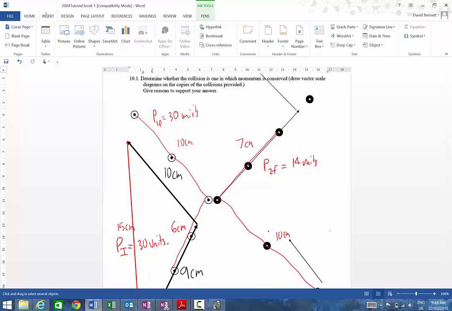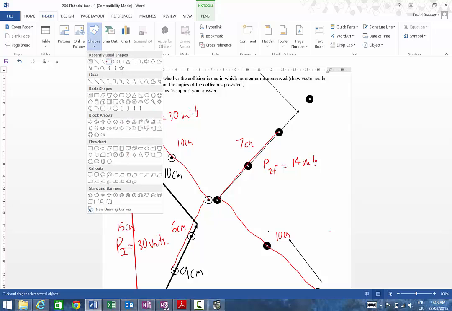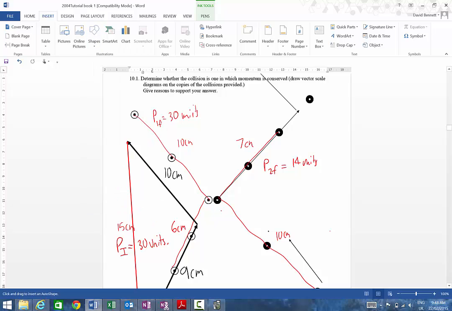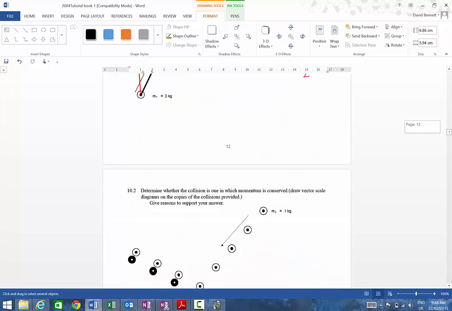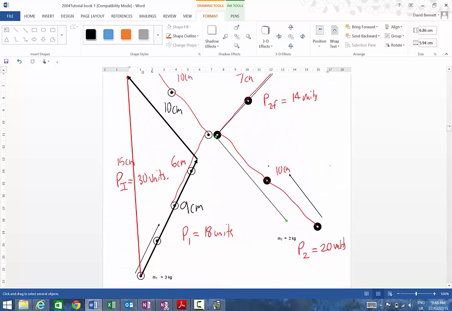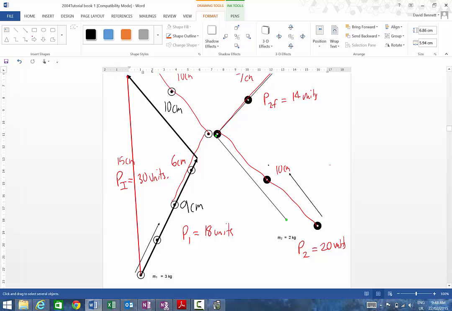So if I was going to do that, just so you can fit it on the page, I would have my vector going there for the first one, and then I have my second one going over there, and then I would have my final vector going from this point here, and I just need to make sure this fits on the page.